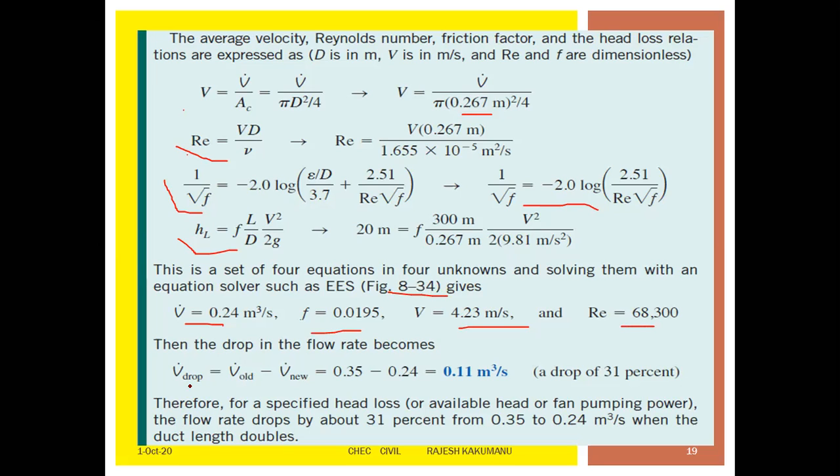Therefore, the flow rate drop is equal to the old flow rate minus the new flow rate, that is 0.35 minus this new one, that is 0.11 meter cube per second. Got it? So like this, you have to find the flow rate drop for the circular pipe for the same values.